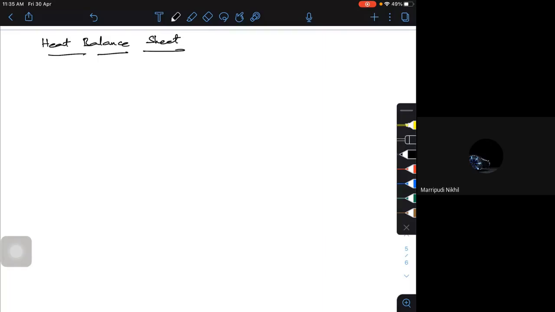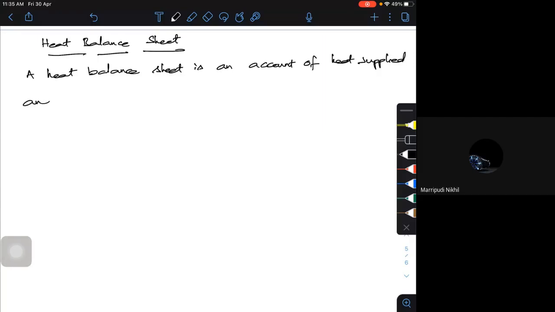So what is this actually? A heat balance sheet is an account of heat supplied and heat utilized.